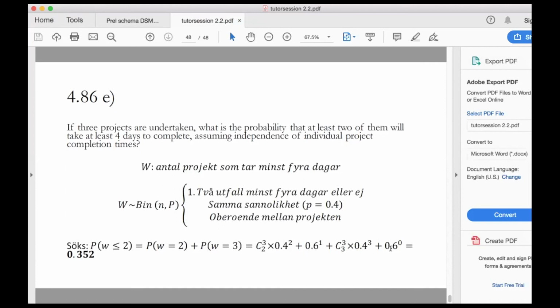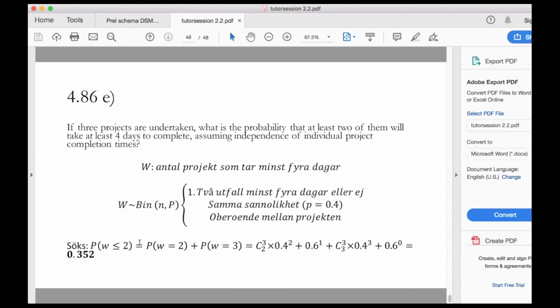And we need to find the probability that at least 2 of them will take at least 4 days. So the number of projects that will take at least 4 days should be equal to or more than 2.